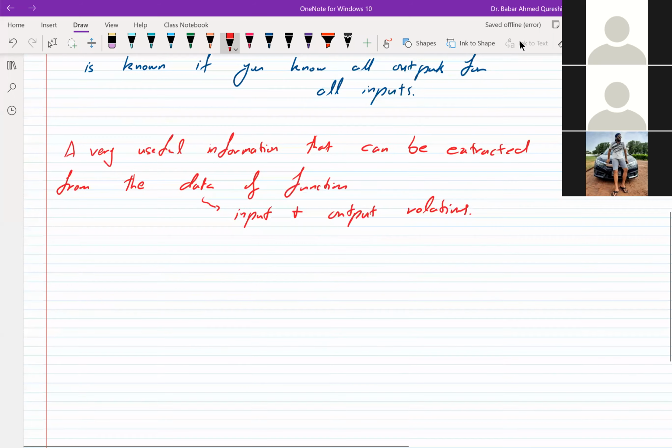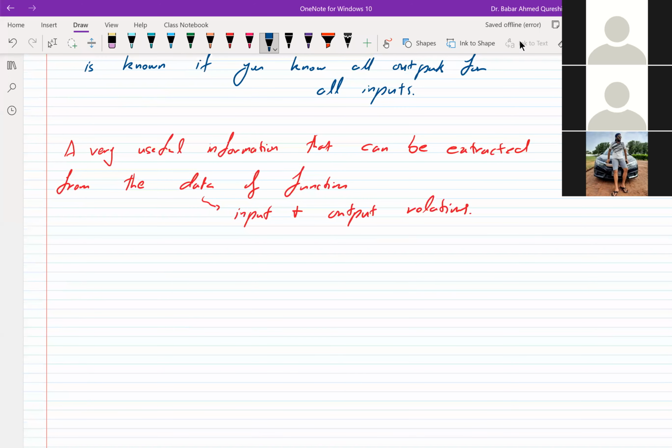A very useful information is the rate of change of quantity 2 as you change the quantity 1. In other words, rate of change of y as x changes. How quickly y changes if you change the input.